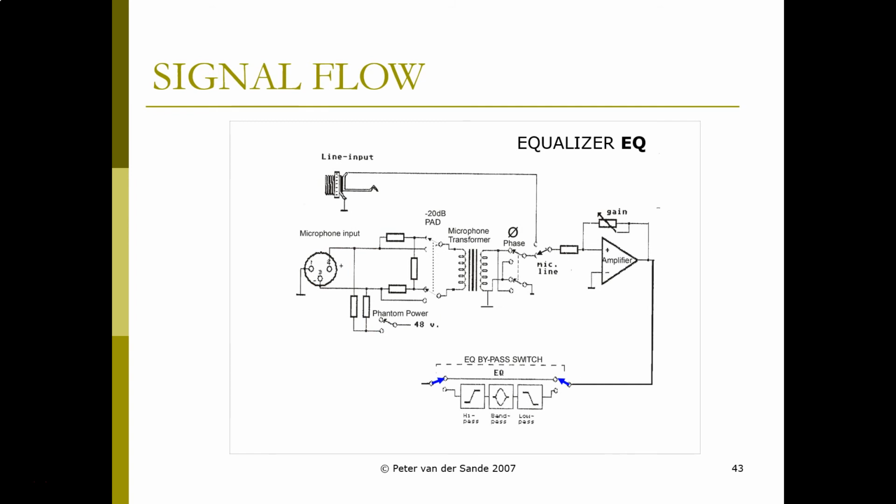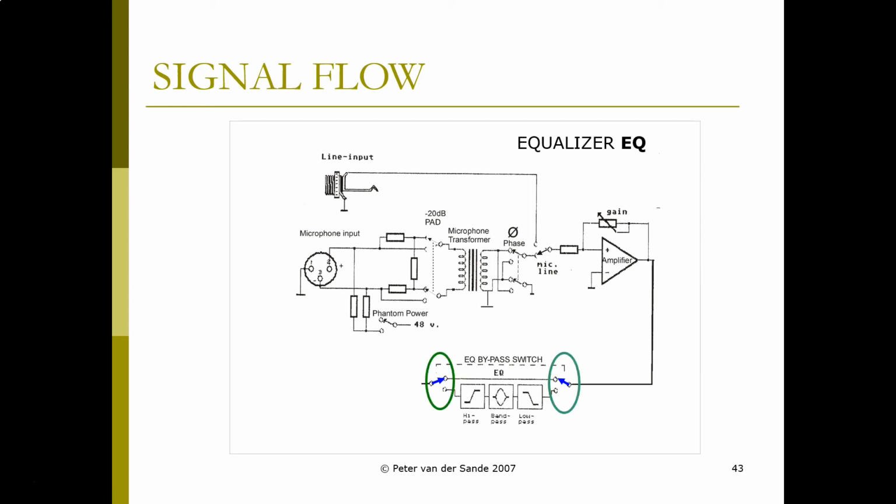The next step we look at is on the output of the preamplifier, we go into our equalization circuit. And remember, whenever possible, we want to bypass the equalizer so we don't add any noise or inductance or phase shift to our signal.